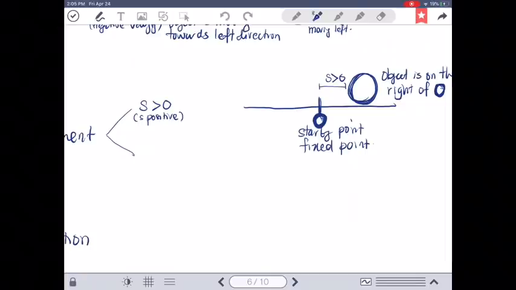If the object is on O, then s equals to 0.